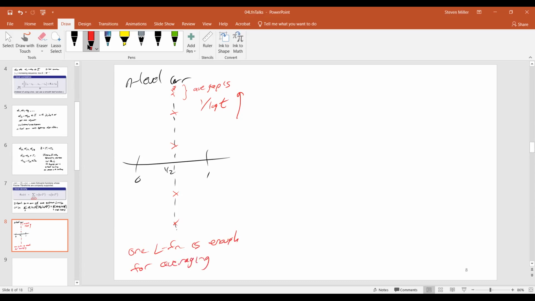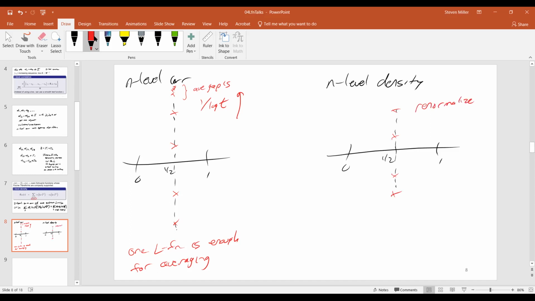So we always need to do averaging in mathematics. If we do the n-level density, it's very different. Here's 0, here's 1, here's 1/2. And now, we care about what's going on near the central point. And we can renormalize to mean spacing 1, but you only have a small number of zeros near the central point.